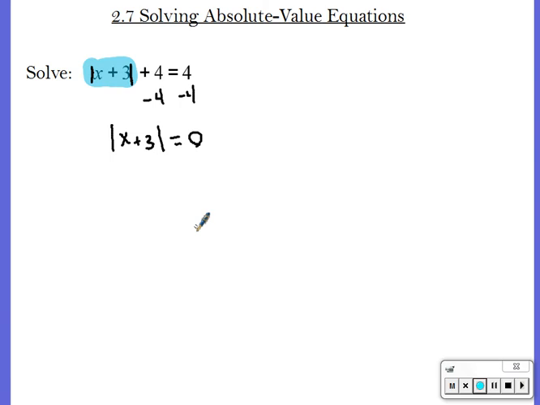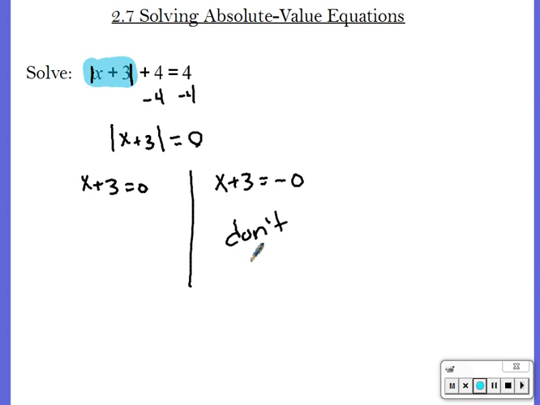Now, if I were to set up my two equations, you would get x plus 3 is equal to 0, and you would also get x plus 3 is equal to negative 0. Well, 0 and negative 0 are the exact same thing. We don't need this one. We only actually need one when the absolute value is equal to 0.